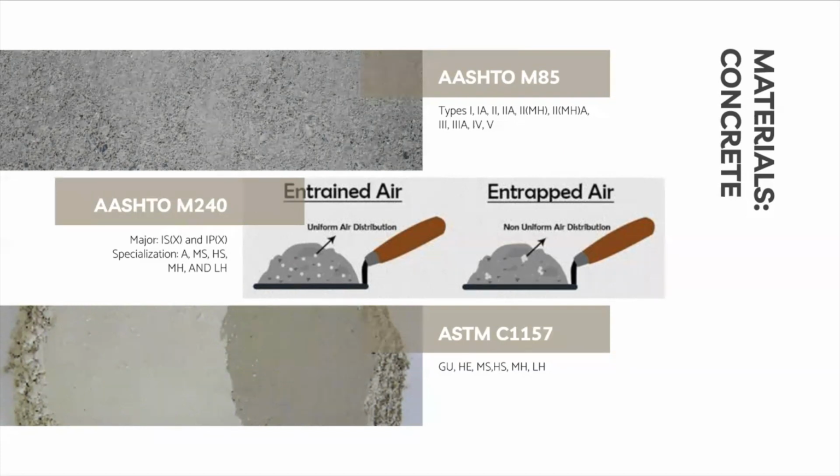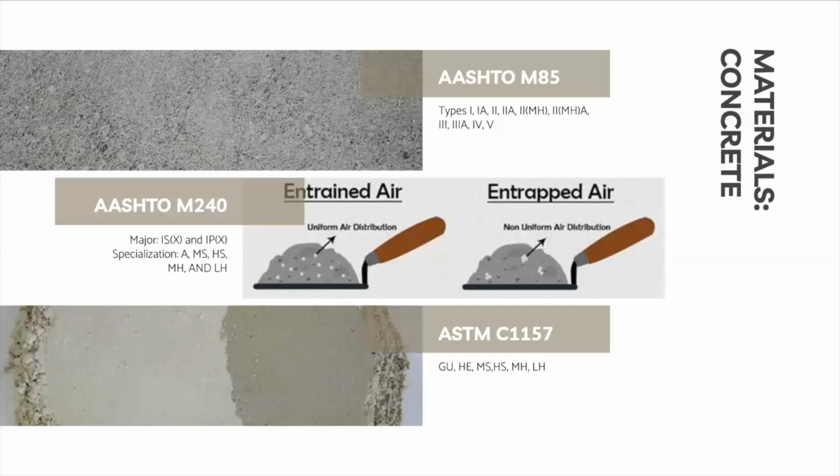The AASHTO M85 offers various types, including Type 1 for normal use, Type 2 for moderate sulfate resistance, Type 3 for high early strength, Type 4 for low heat of hydration, and Type 5 for high sulfate resistance.